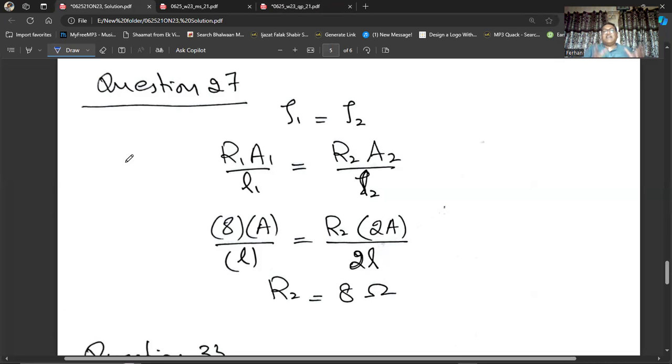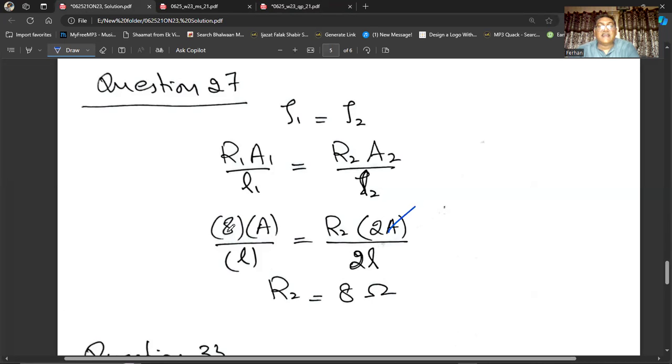Now the resistivity is resistance multiplied by cross-sectional area divided by the length. Now R1 A1 / L1 equals R2 A2 / L2. So 8 multiplied by area divided by length equals R2. The cross-sectional area is double, 2A, and the length is also double, 2L.